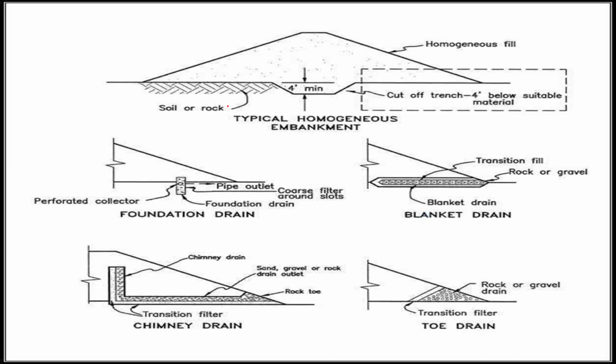Next, here you can see a typical homogeneous cross section. A foundation drain is provided, and a chimney also we will provide here. What is the use of the chimney? It will control air, or drainage we can say.